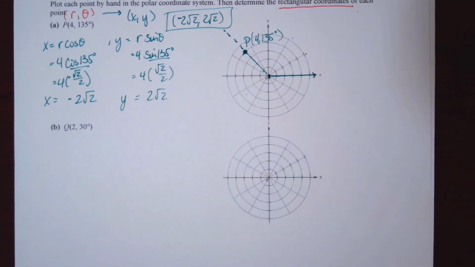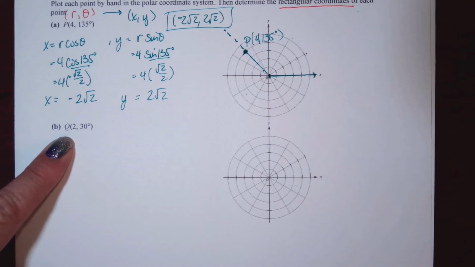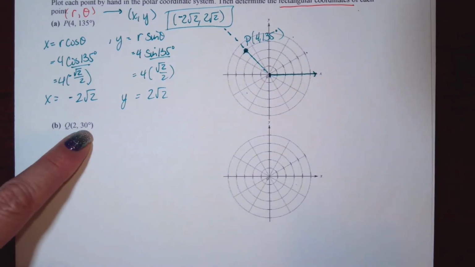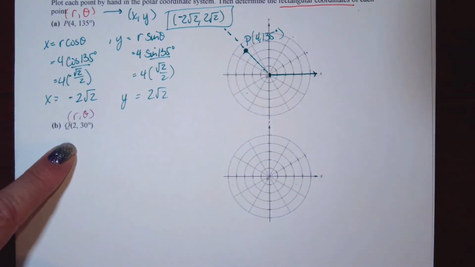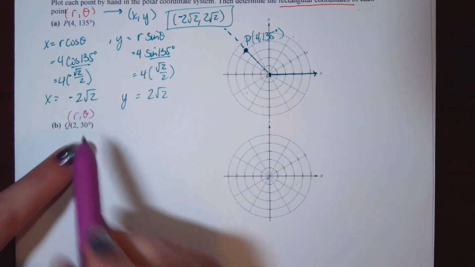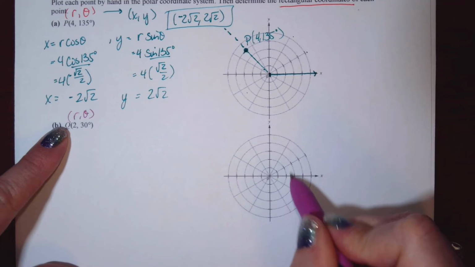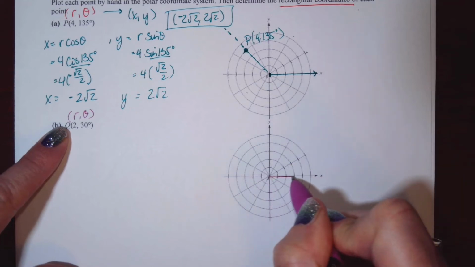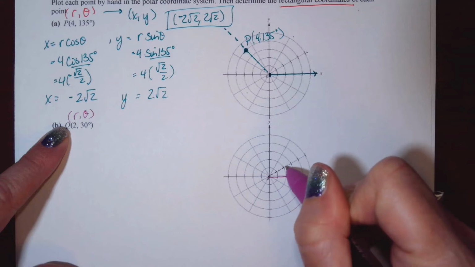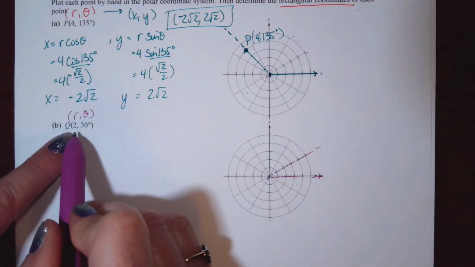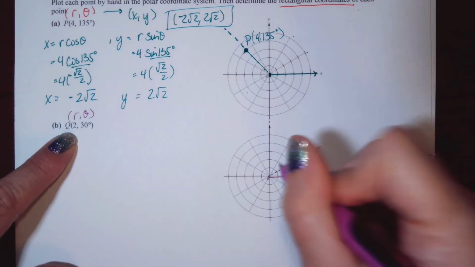Okay, let's do B. We're going to plot point Q. 30 degrees is my r theta form. Remember, find theta first. Well, 30 degrees, that's this special angle. So I'm going to take my polar axis and rotate it 30 degrees. That's right here. I need to move positive 2 units.